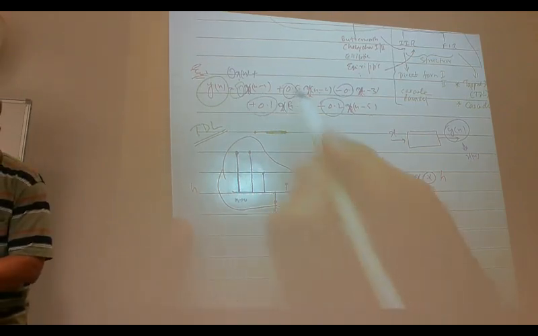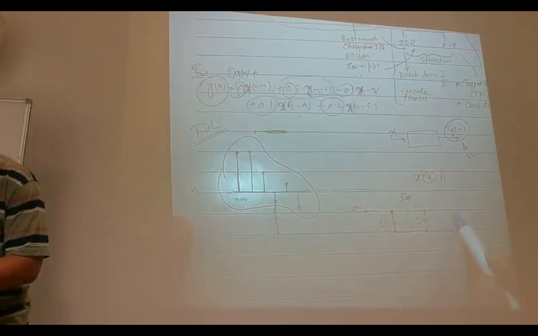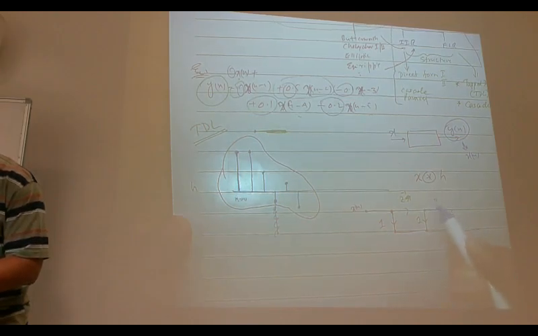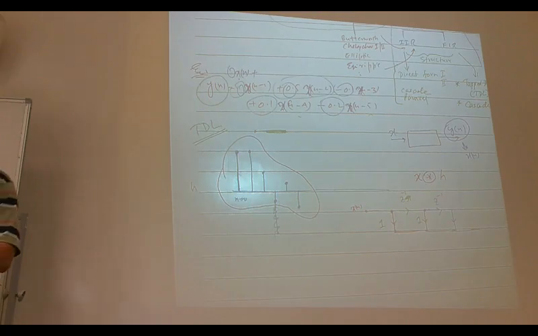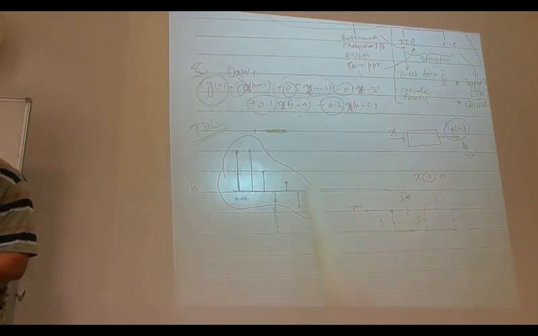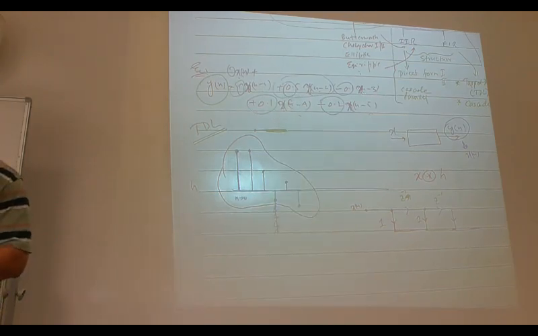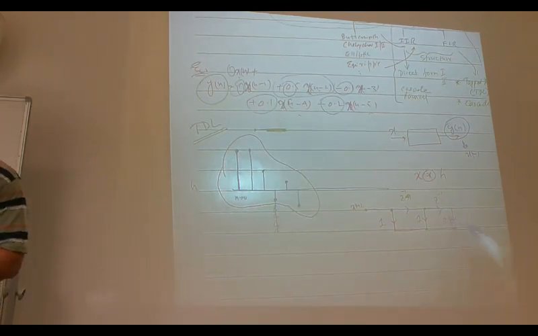Third, this one starts with a delay, goes down with a step like this, z to the minus 1. This will produce x of n minus 1, n minus 2. x of n minus 2 has a coefficient of 0.5, so we'll write down 0.5.